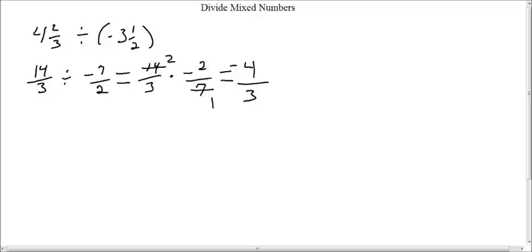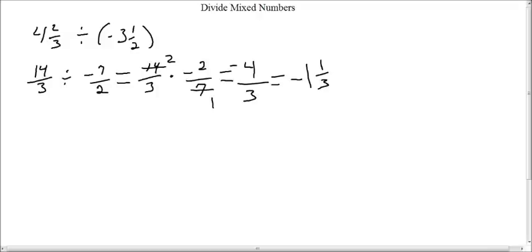And the only thing that we're doing from here is taking a look at our improper fraction, so we can take 3 and 4 and we can get a -1, and if we simplify that, we're going to get a -1 and 1/3.